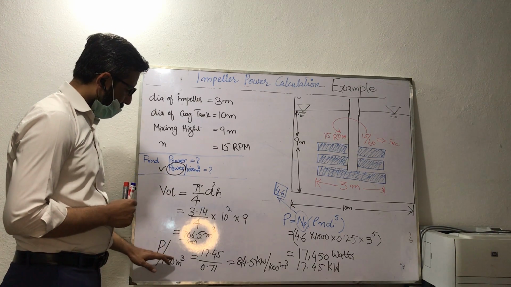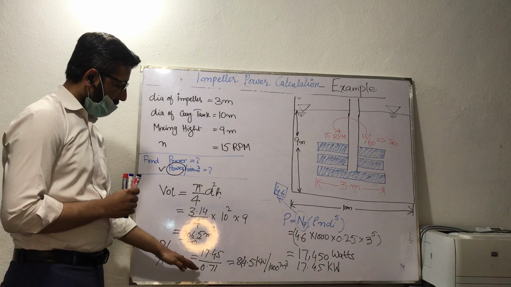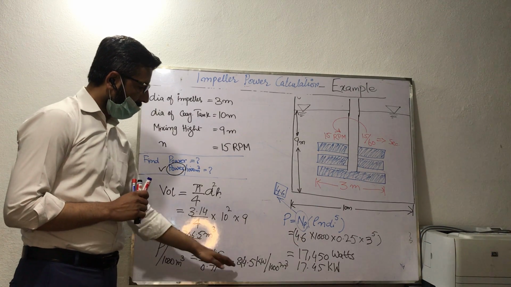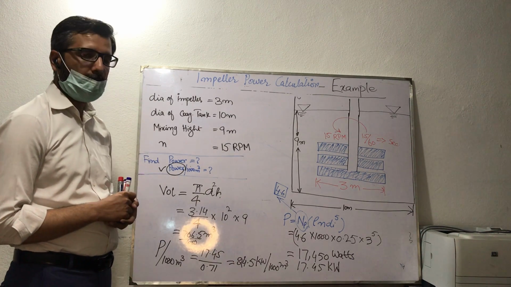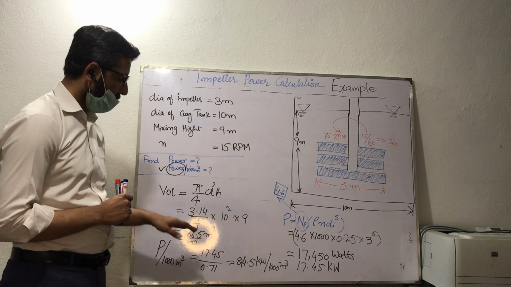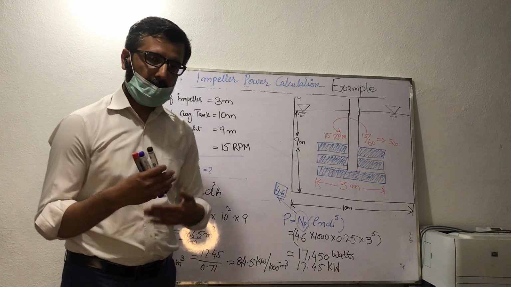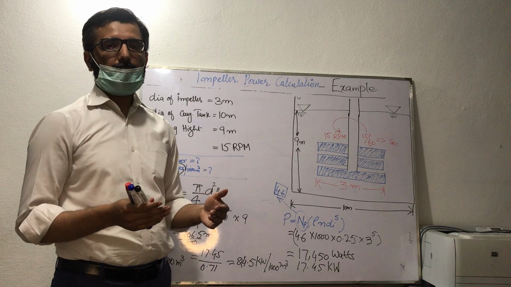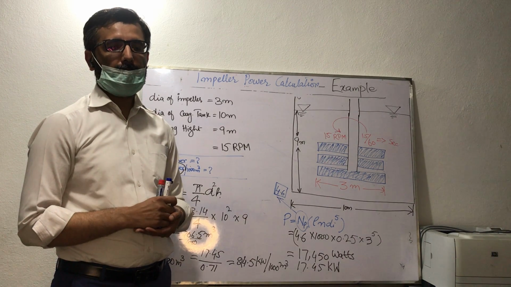Then we put the value of power which was calculated over there, and it has been divided by that value, and then the total power has increased to 24.5 kilowatt per 1000 cubic meters, as compared to the 17.45 kilowatt for 706 cubic meters per chamber.